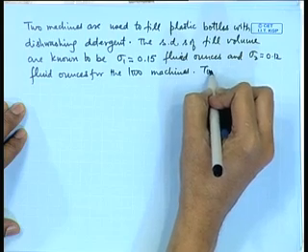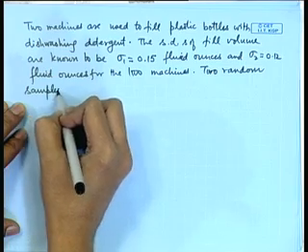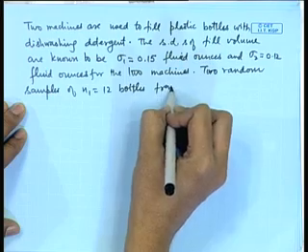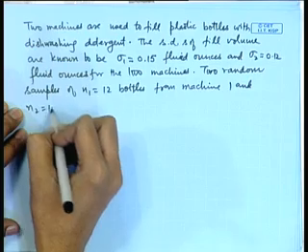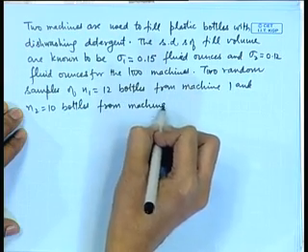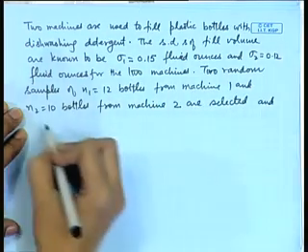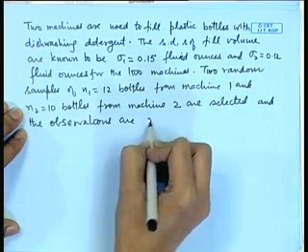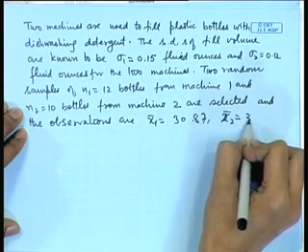Now, two random samples of n1 is equal to 12 bottles from machine 1 and n2 is equal to 10 bottles from machine 2 are selected, and the observations are x1 bar is equal to 30.87, x2 bar is equal to 30.68.